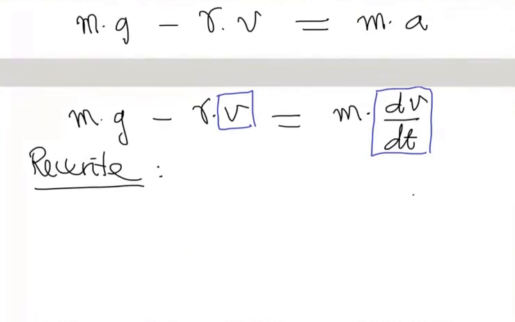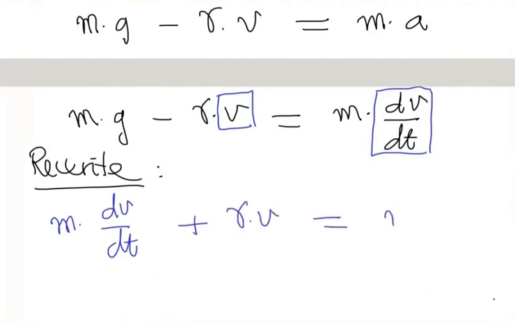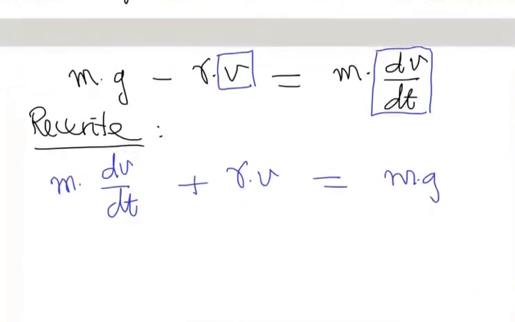But let's rewrite it in the correct format. We need to move the term minus gamma v to the other side. So I rewrite it as m dv/dt plus gamma v equals m times g, without the unknown on the right hand side.